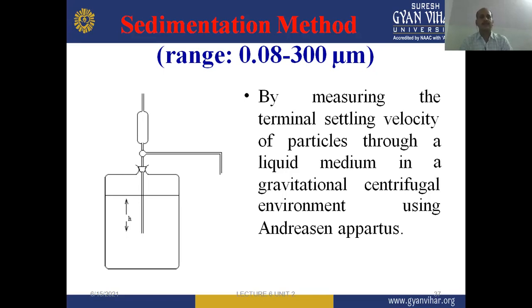Sedimentation method can be applicable for particle sizes of 0.02 to 300 micrometer. It is based on the sedimentation phenomenon, where the particles settle down under the force of gravity. The apparatus used for this type of method is known as Andreasen pipette or Andreasen apparatus. So what is the principle of sedimentation method?